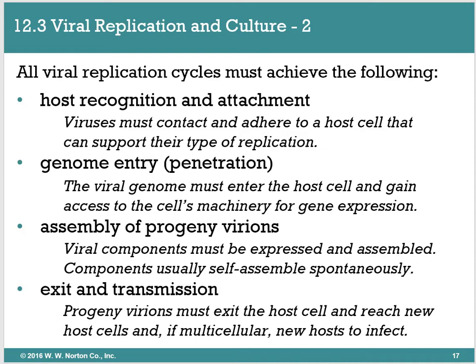This is when the virus will integrate its genome into the host cell and gain access to the cell machinery, so it can actually start making more of itself. And then once it gains access, it'll start assembling progeny. That's whenever you're making more viruses. And then eventually, once all the progeny are made, they have to be able to exit and then continue transmission.